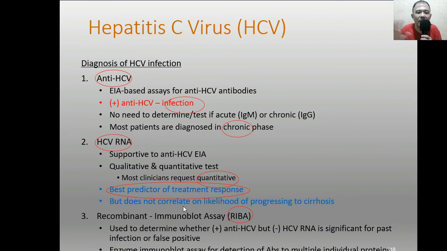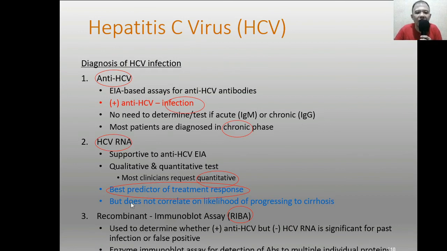Only for hepatitis C disease, to assess if the patient needs therapy, we need first a liver biopsy. But after the biopsy and the patient has been started with medication, if you want to check if the patient is responding to treatment, then check for the RNA. That's how we use it.